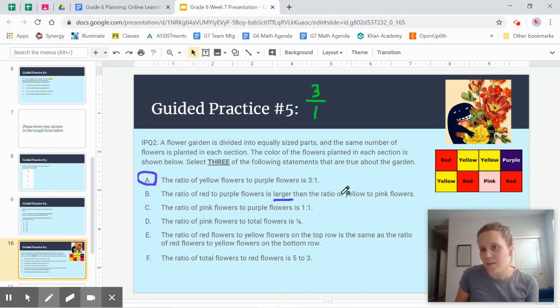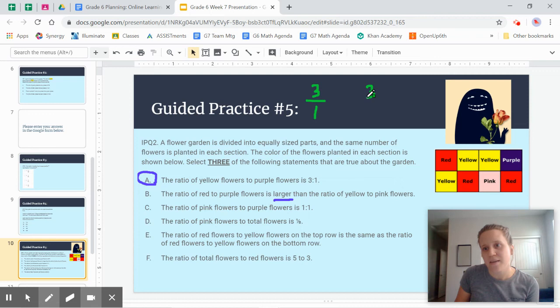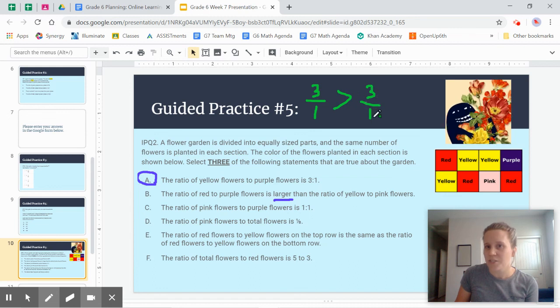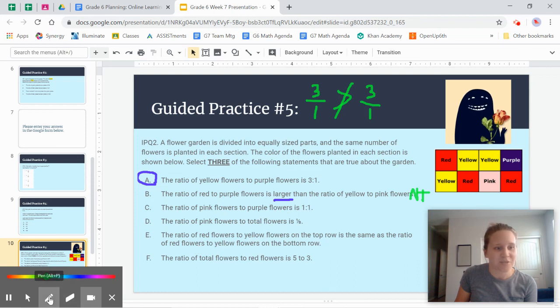What's the ratio of yellow to pink? Yellow to pink is 3 to 1. Is the ratio of red to purple larger than the ratio of 3 to 1? No, those are equal ratios. So I'm going to go ahead and say that B is not true. That is not true. That's a tricky one.